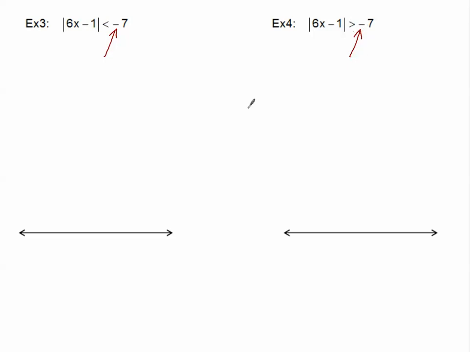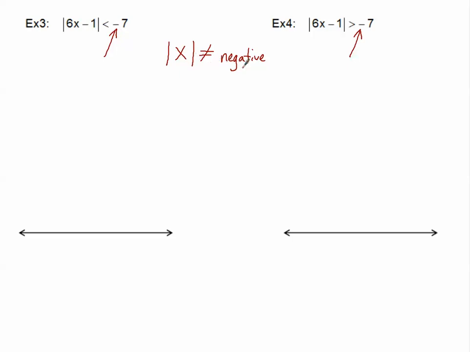Well, let's use our logic. The absolute value of something can never be equal to a negative. Could it possibly be less than a negative?